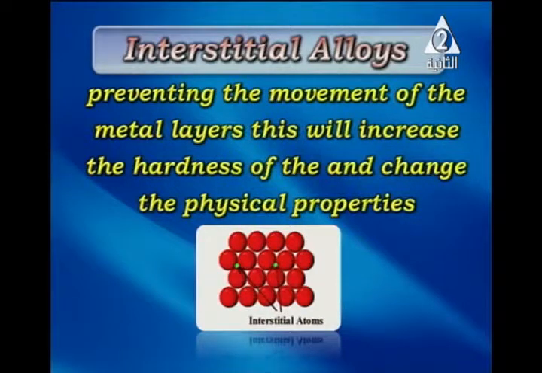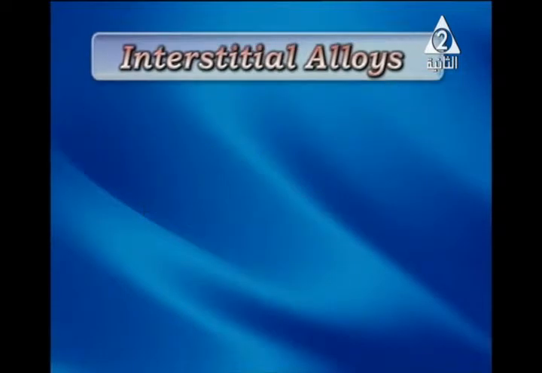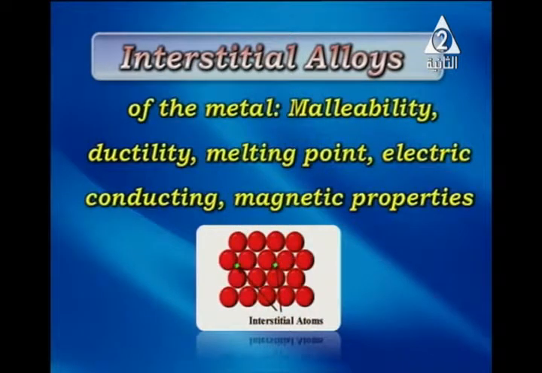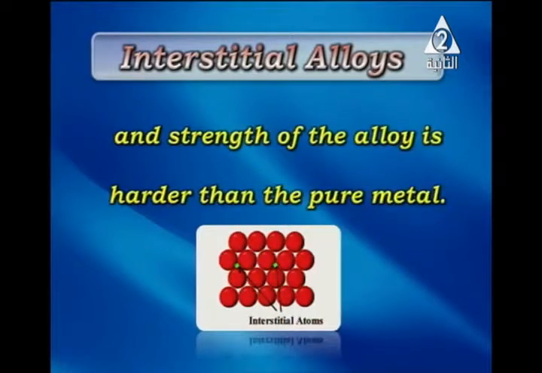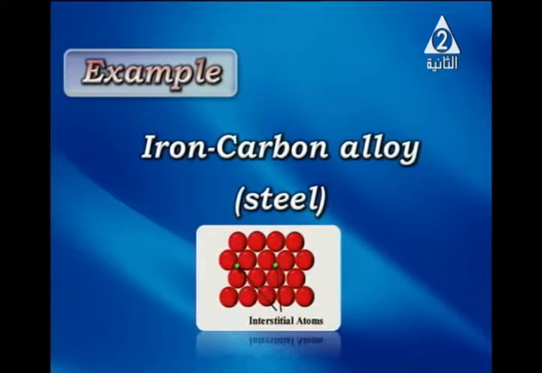This will increase the hardness of the metal and change the physical properties of the metal, such as malleability, ductility, melting point, electric conductivity, and magnetic properties, and also the strength of the alloy, which makes it harder than the pure metal. For example, iron-carbon alloy, which is steel.